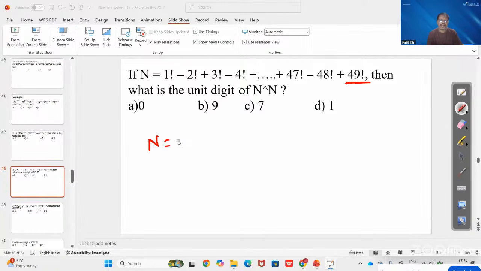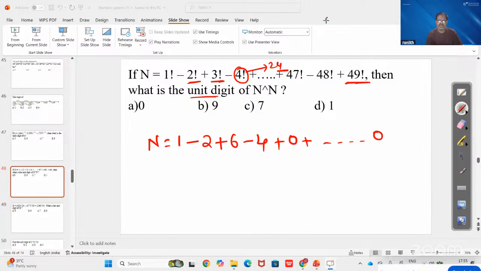Where n equal to 1 factorial is nothing but 1, 2 factorial is nothing but 2, 3 factorial is nothing but 6, and 4 factorial will be equal to 24. Out of 24, unit digit will be equal to 4. And 5 factorial is 0. So remaining all factorial values end with 0 only. Why? Because 5 factorial will be equal to 120 and 6 factorial will be equal to 6 into 120. We need to find out units place. That will be equal to 0, since 0 into anything will be 0.